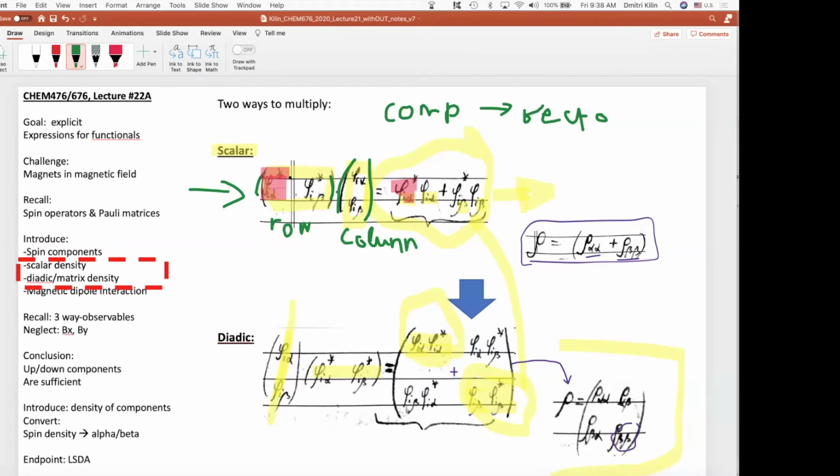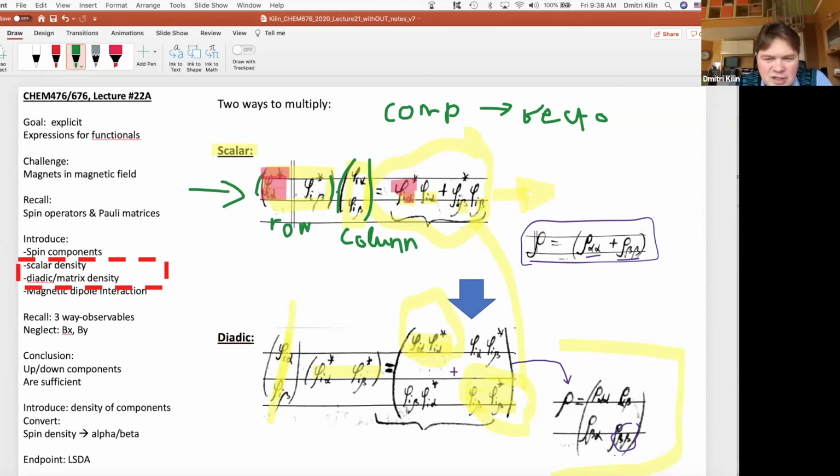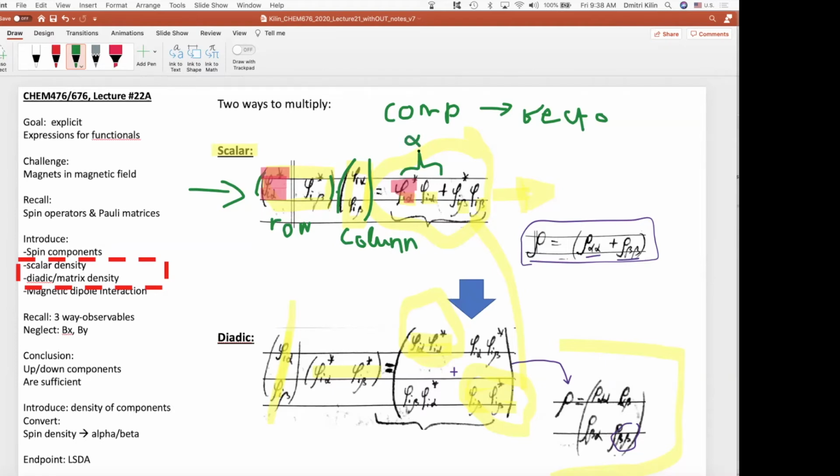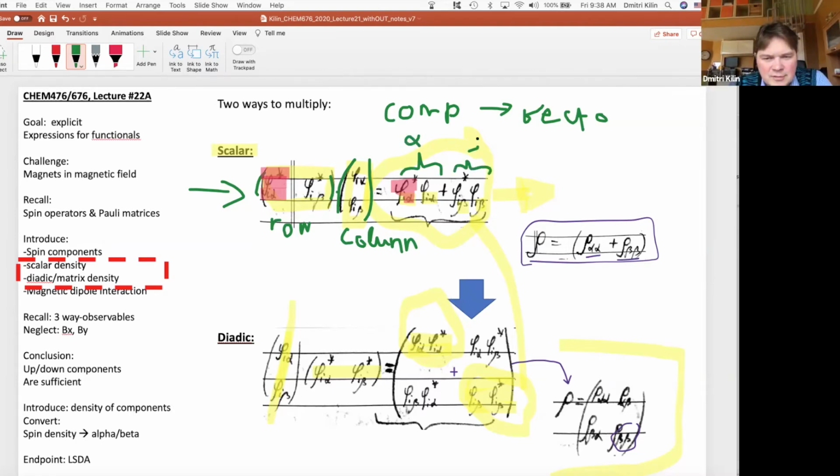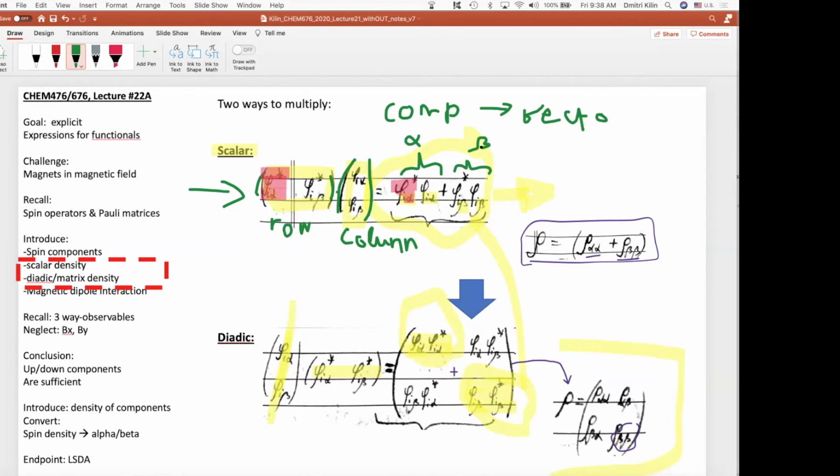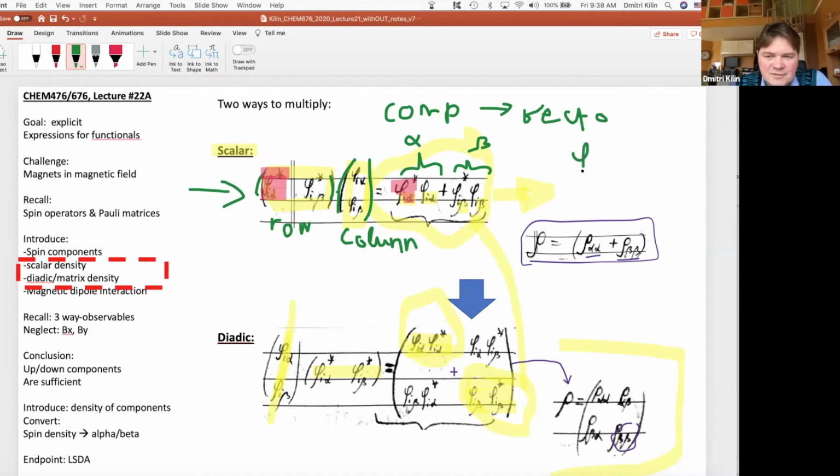Yeah, that's correct. So it is index i in all symbols. In the first symbol, both are alpha, and in the second, both are beta, right? Yeah. And now, if we have phi_i alpha star times phi_i alpha without star, it is the same as contribution to density.